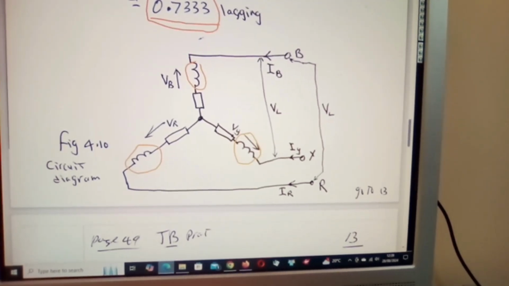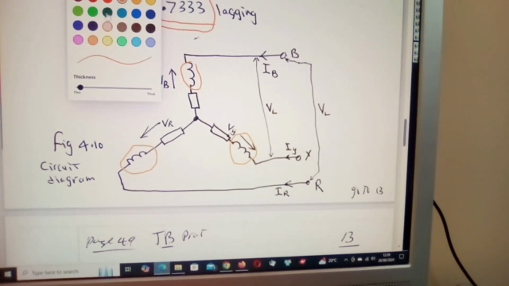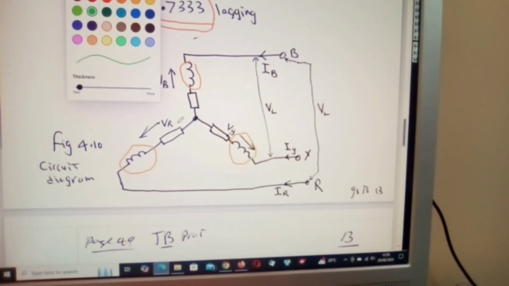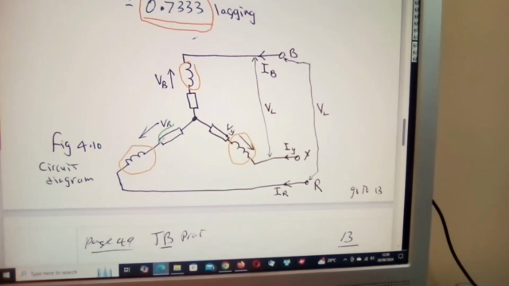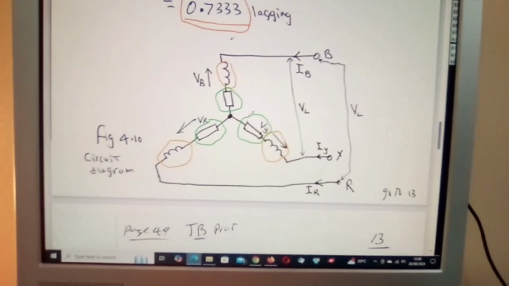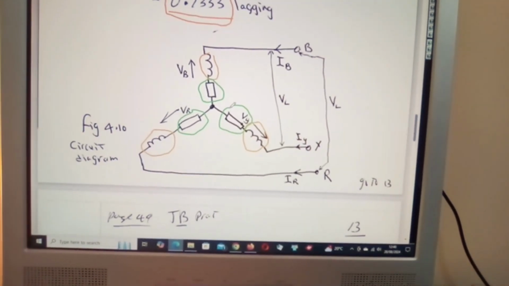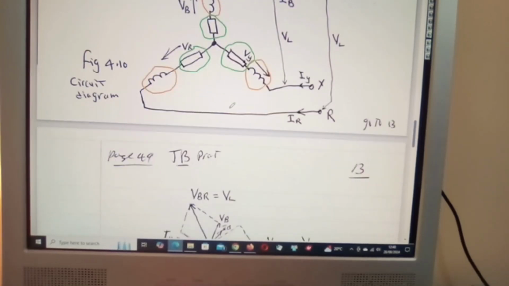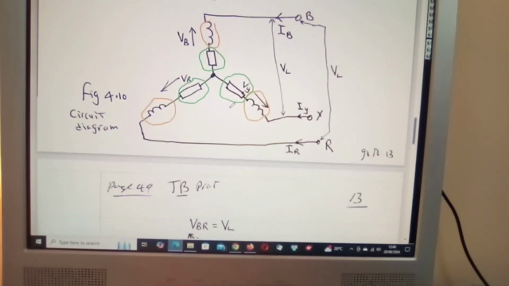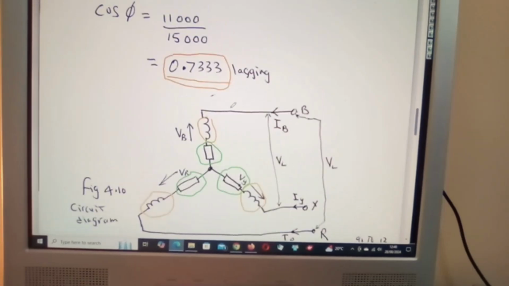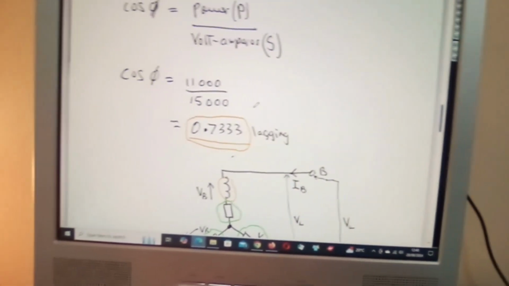Now, let me get a different color. These here, the resistors, represent the internal resistance of the choke. Let me go back up and make sure we've got everything in play.